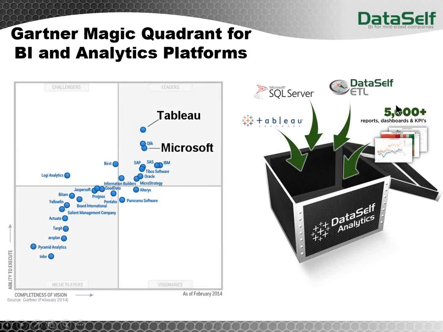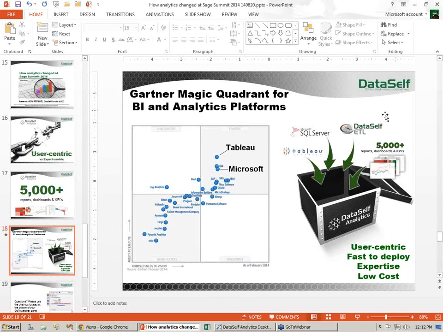Now, some people ask us, okay, but how can users access this information? Well, let's take a look at it. What I showed you before is the desktop client, which, by the way, can be used on Windows machines as well as on Mac machines. So we support both platforms. This tool is usually more suitable for the power users, the more ad hoc, data-hungry guys.